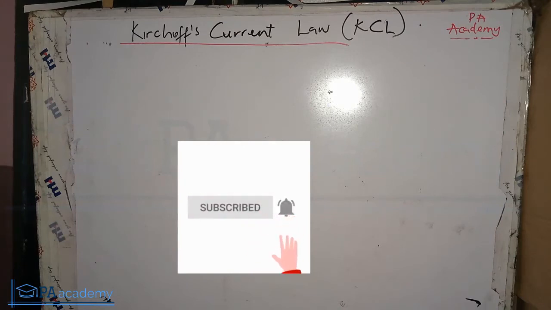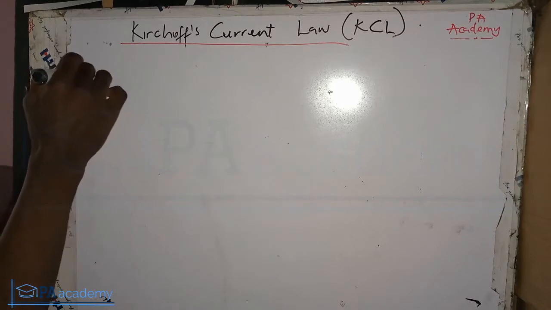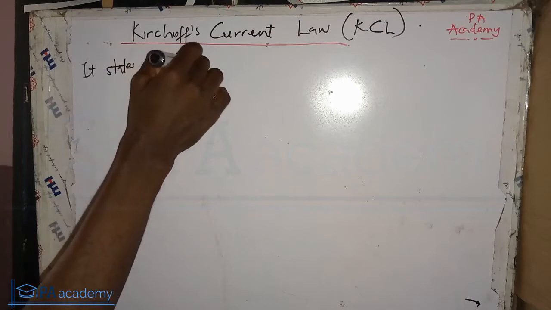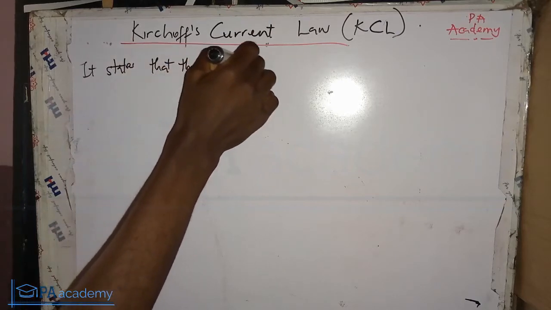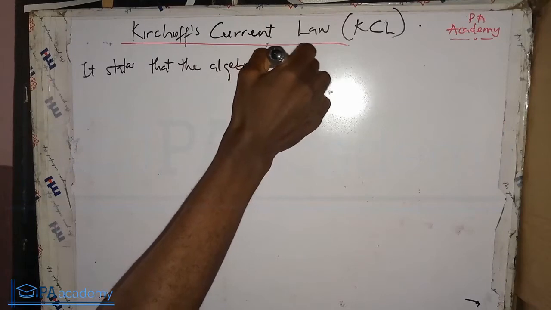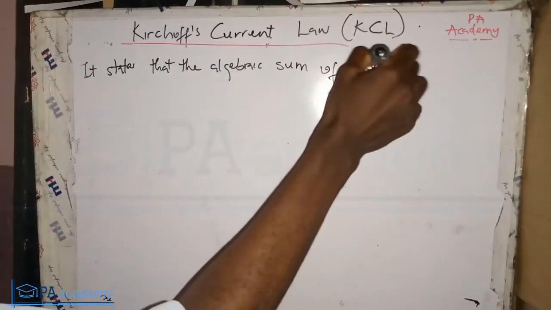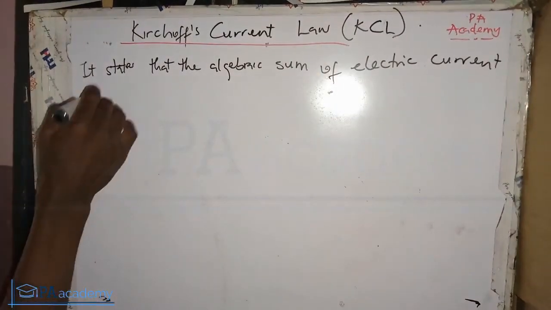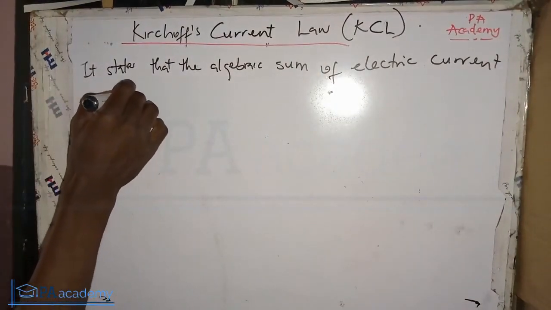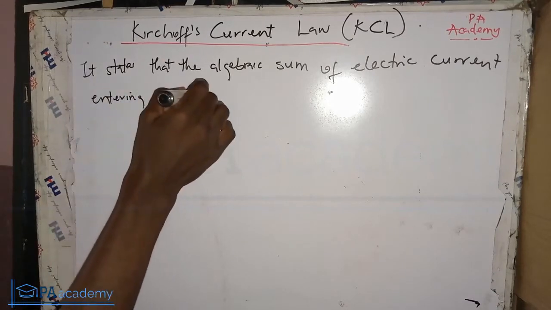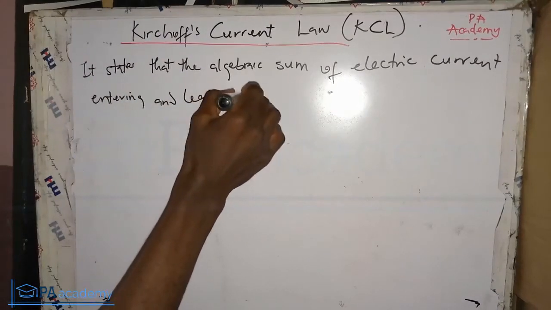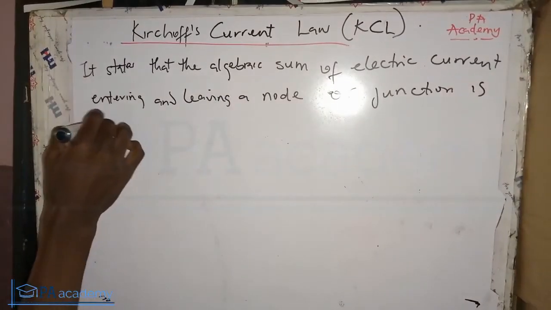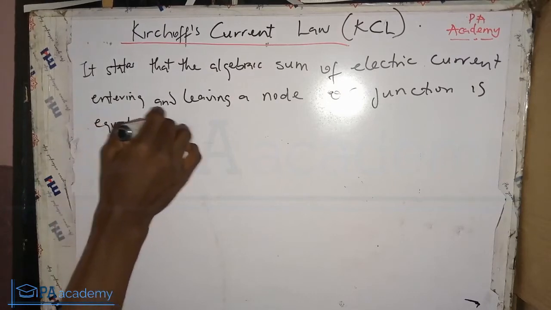Now Kirchhoff's current law states that, so let me write it out. Now it states that the algebraic sum of electric currents entering and leaving a node is equal to 0.